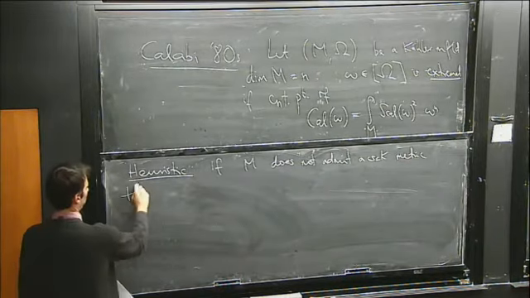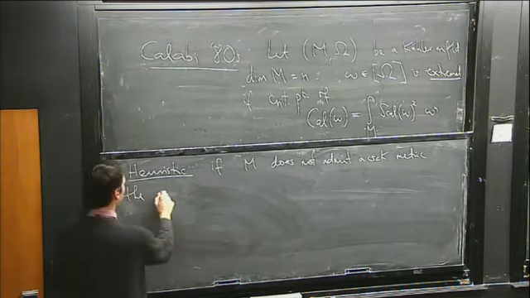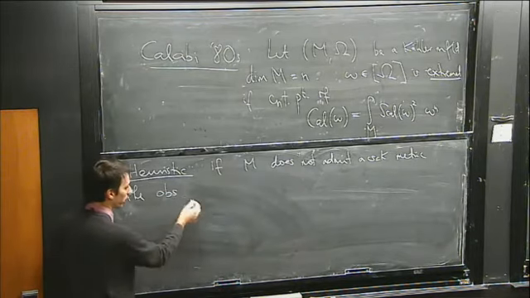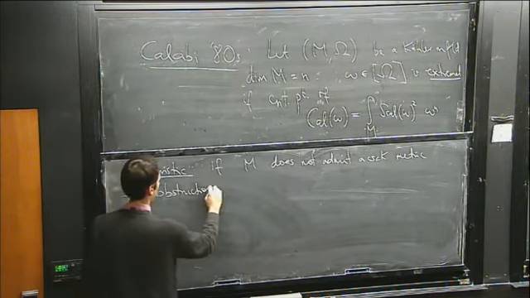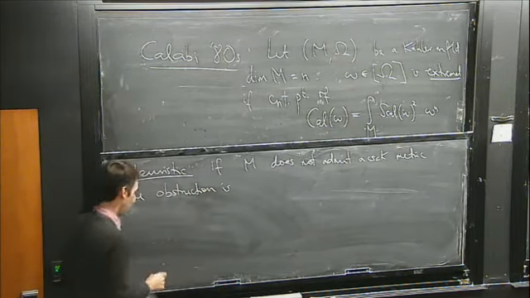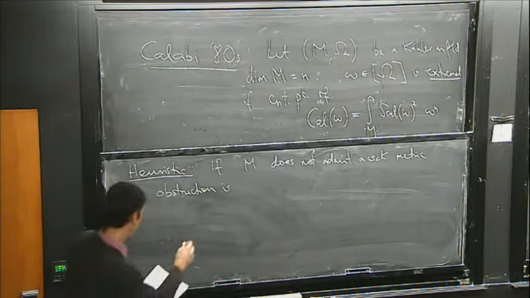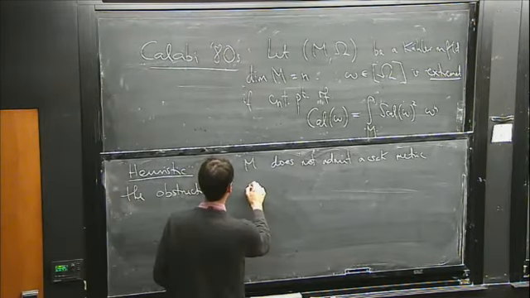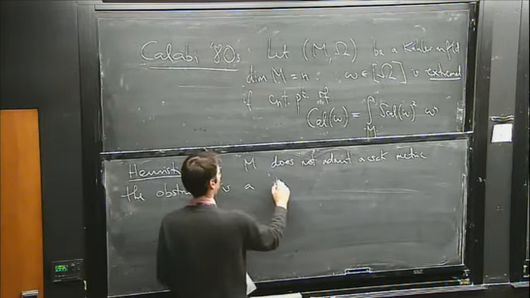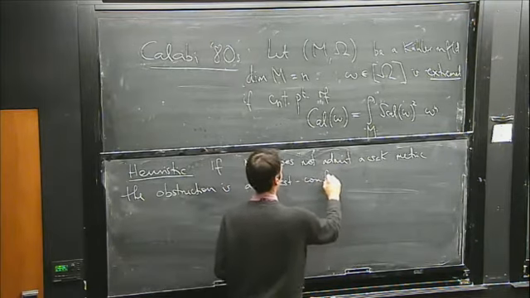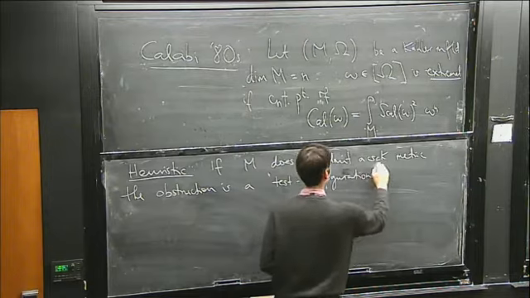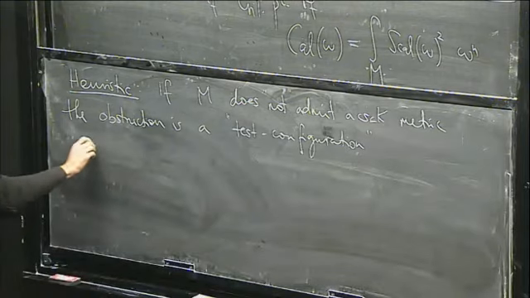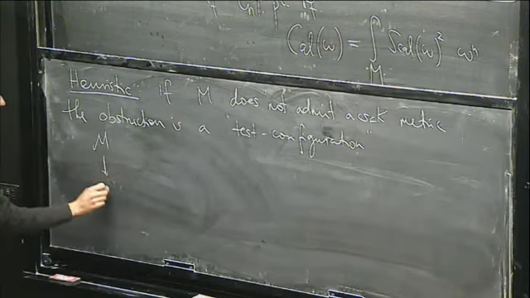The conjecture says that the obstruction is supposed to be what's called a test configuration, and that is a family. A test configuration is just a C-star equivariant family over C.